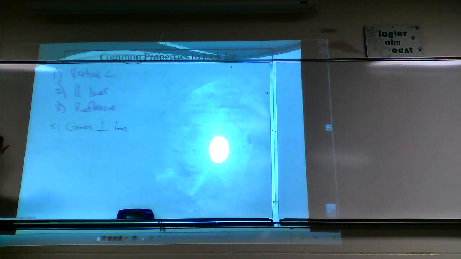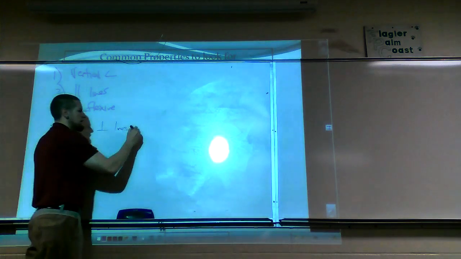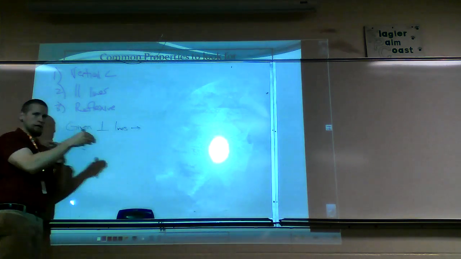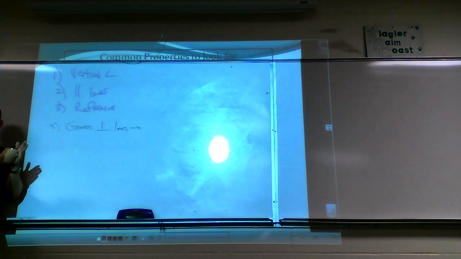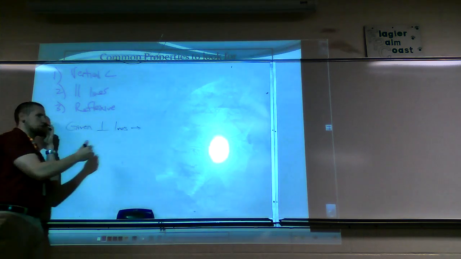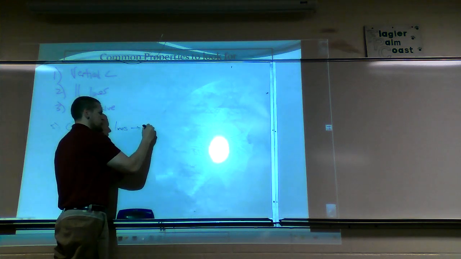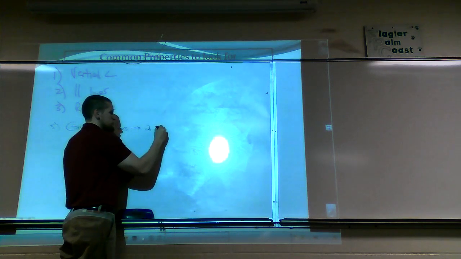So if you're given perpendicular lines, automatically you should say what kind of angles are formed with perpendicular lines. If I've got two lines that are perpendicular, what kind of angles are formed? Right angles.